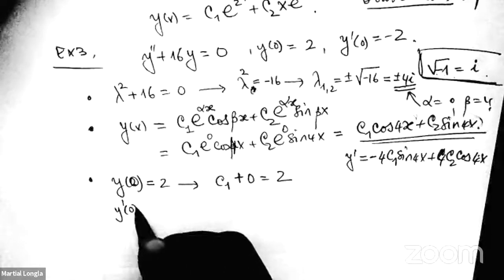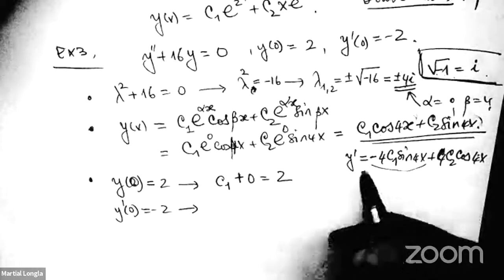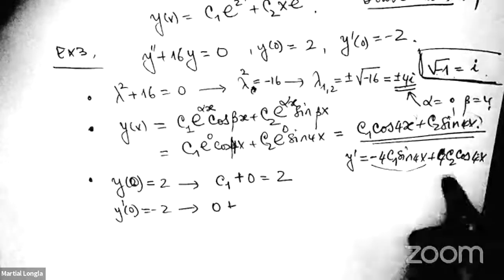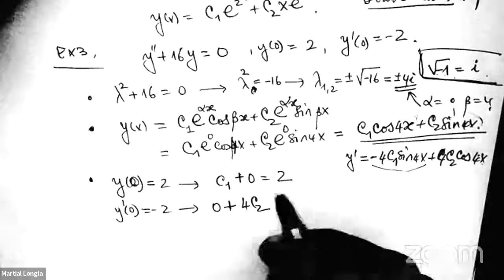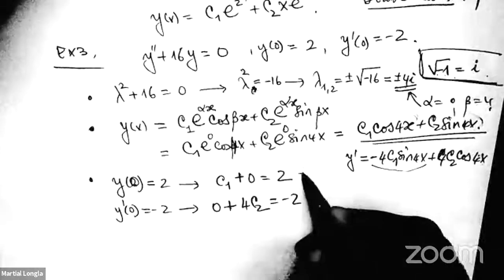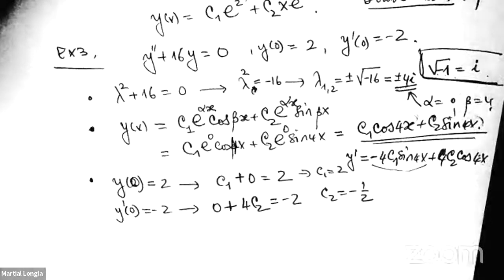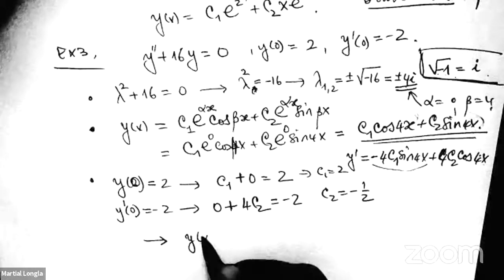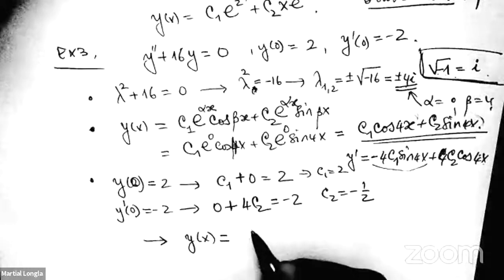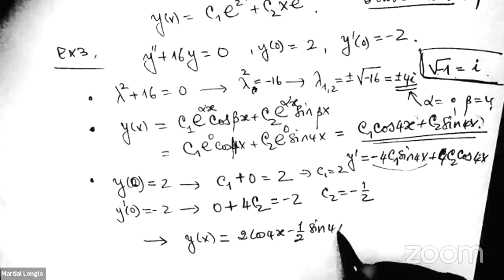y prime of 0 equals negative 2 leads to this one. When you plug in 0, sine is 0 plus 4 C2 cosine of 0, which is 1, equals negative 2. So you get C1 equals 2, C2 equals negative 1/2. So you got the two values, and the only solution that satisfies those conditions is 2 cosine of 4x minus 1/2 sine of 4x.